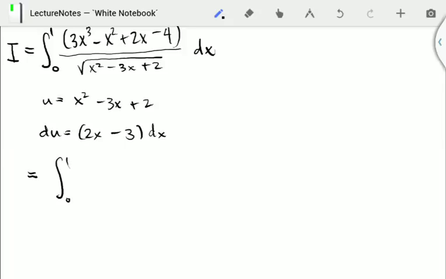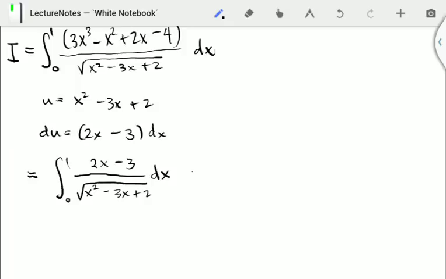So let me do the following. Let me copy the denominator, square root of x squared minus 3x plus 2. In the numerator, let me put this 2x minus 3 dx, so that our substitution won't be useless.